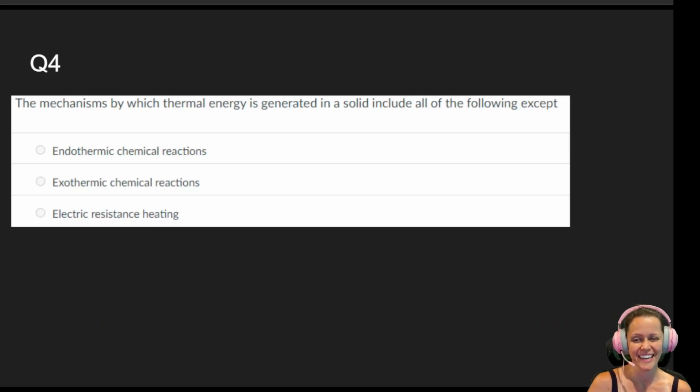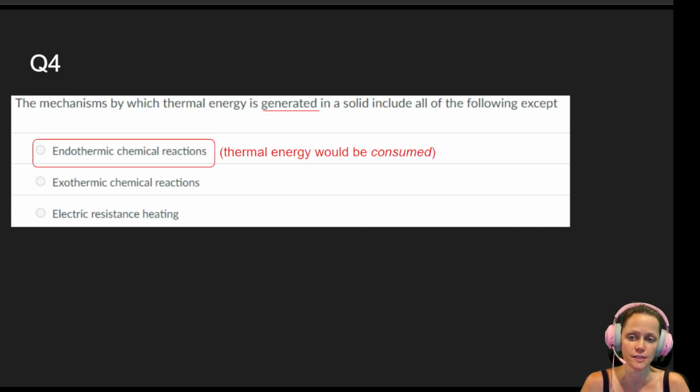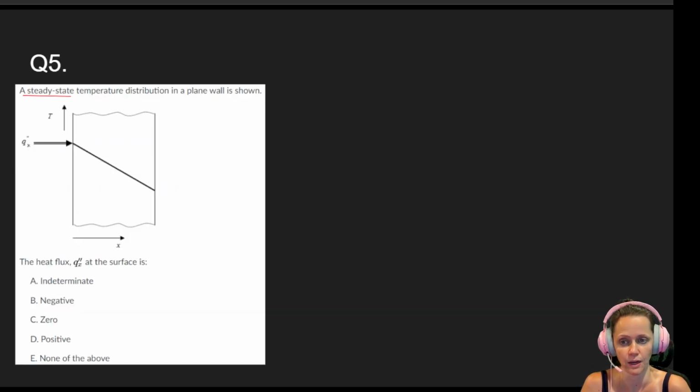Okay. All right, question 4. The mechanisms by which thermal energy is generated in a solid include all of the following except, and the answer is this one. So the key word here is generated, meaning that it's a positive term. And in this case, for an endothermic chemical reaction, the thermal energy would be consumed. All right, steady state temperature distribution in a plane wall is shown.